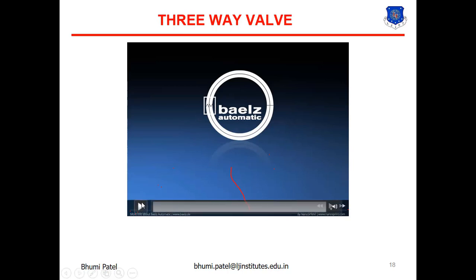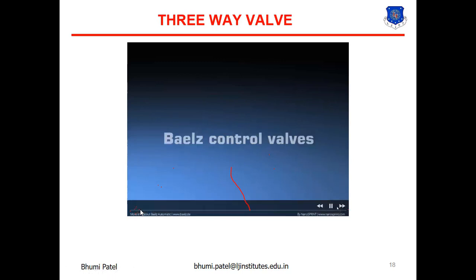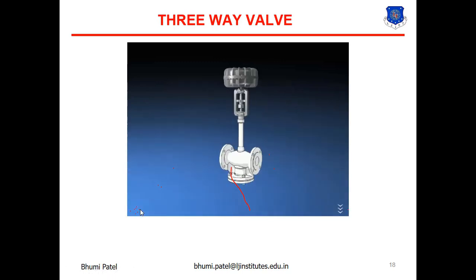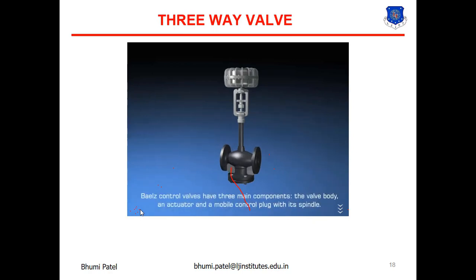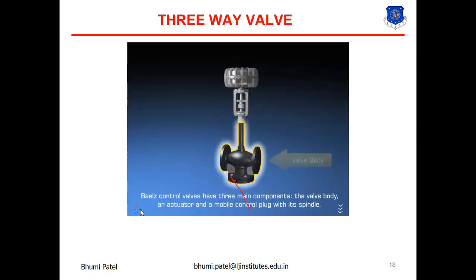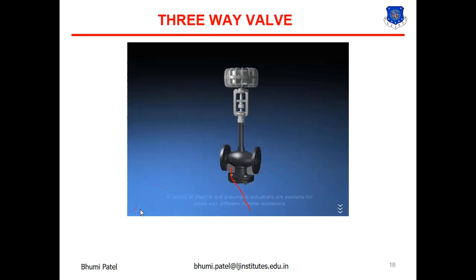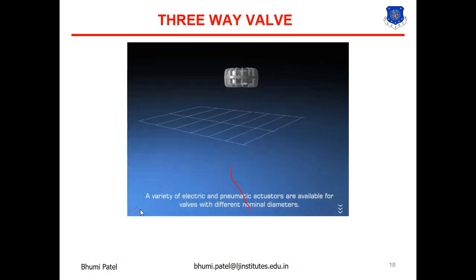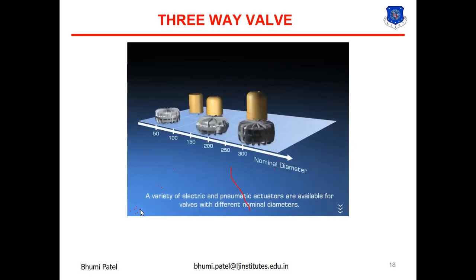You can see in this video a control valve. In this control valve we can use three main components: the actuator, second the spindle, and third the valve body. A variety of electronic and pneumatic actuators are available for the different nominal diameters.